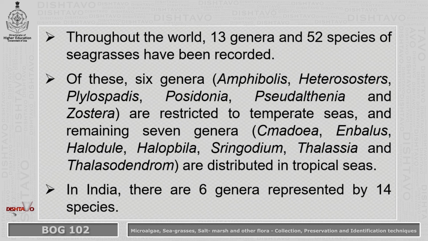Throughout the world, 13 genera and 52 species of seagrasses have been recorded. These are some of the major genera of seagrasses which are known to be associated with mangrove. In India, there are 6 genera represented by 14 species which are associated with mangrove environment.